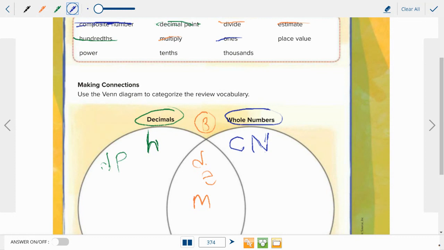Whole numbers have to have something in the ones place. Decimals do not, right? You could have 0.76, and that does not have anything in the ones place. That 0 is just a placeholder. Right, place value, that applies to both.